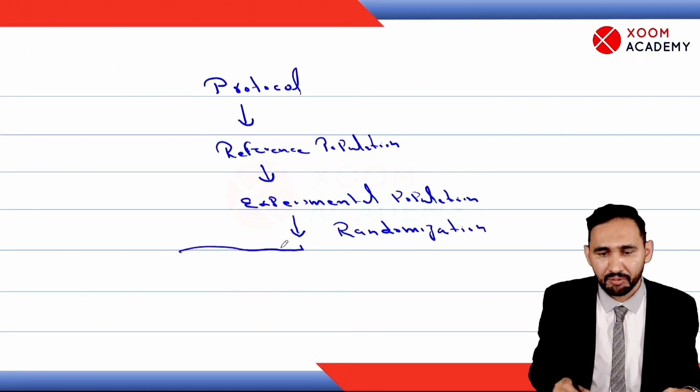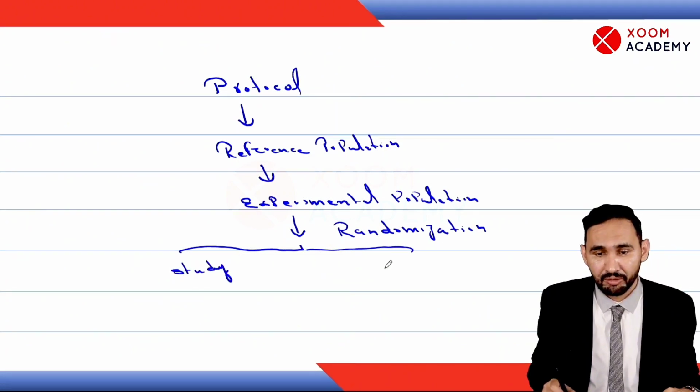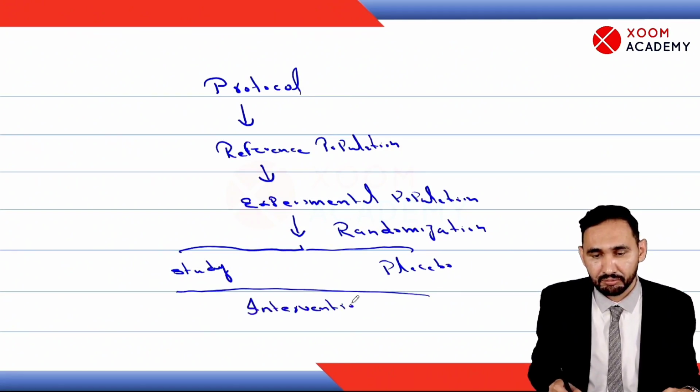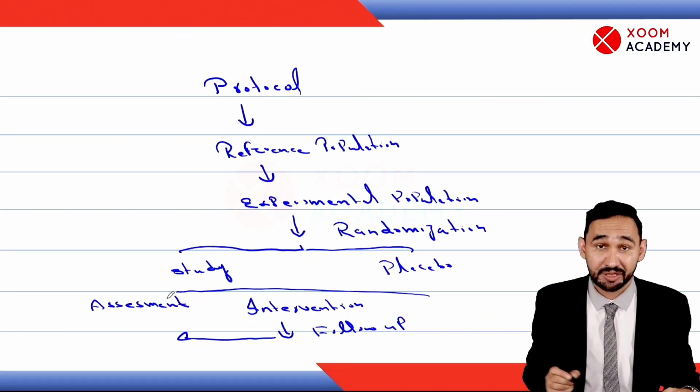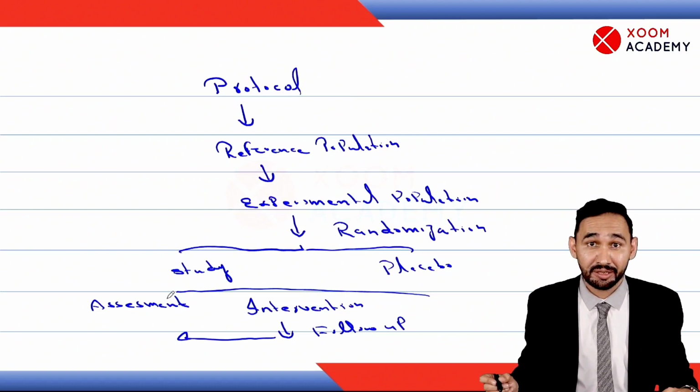Then you will divide this population into two groups, study group and placebo group. Then you will do intervention. Intervention needs follow-up. After follow-up, you will do assessment. This question is asked in university: write down the various steps of a randomized controlled trial.